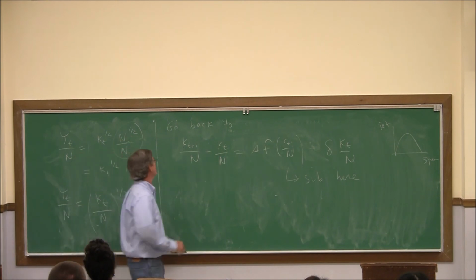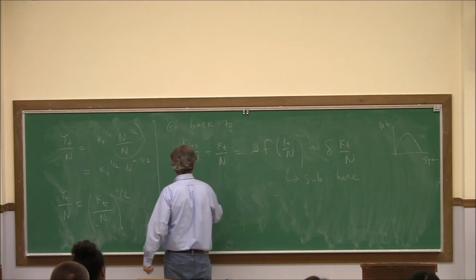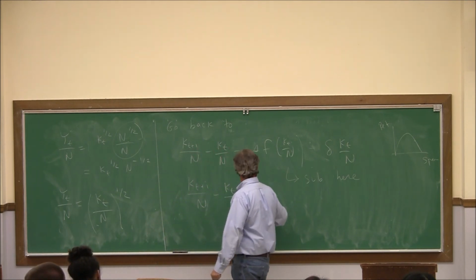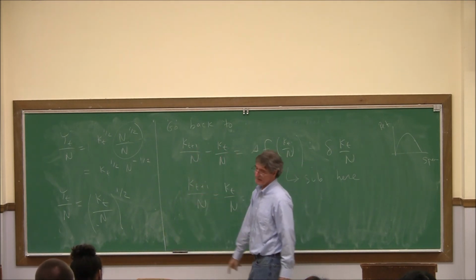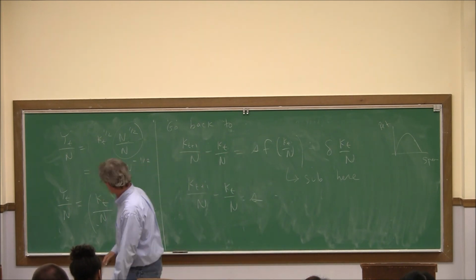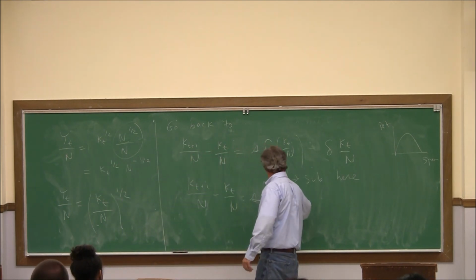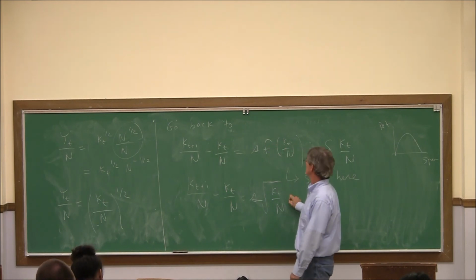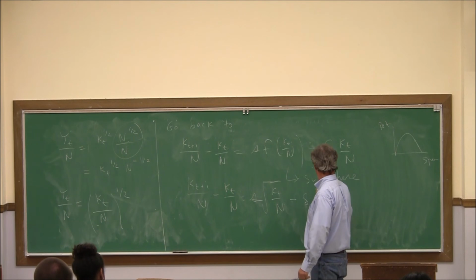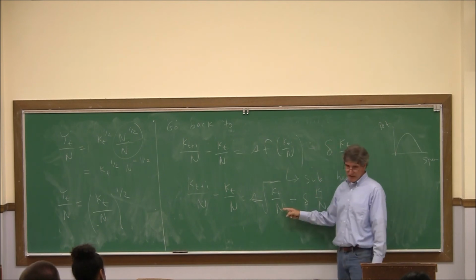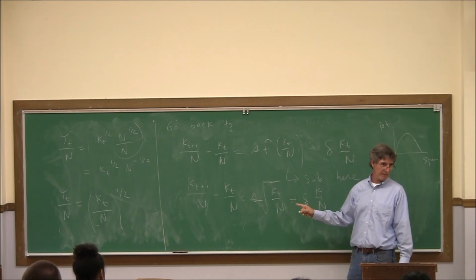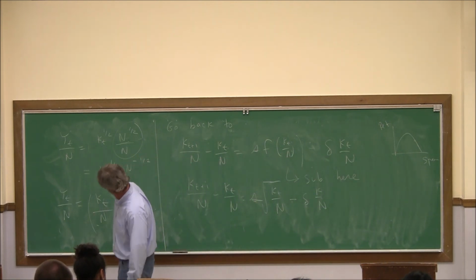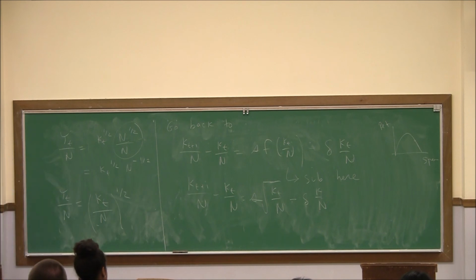Now, I'm over here. Kt plus 1 over n minus kt over n is s times that. Did I mess you up by using square root instead of a half? That's just that.